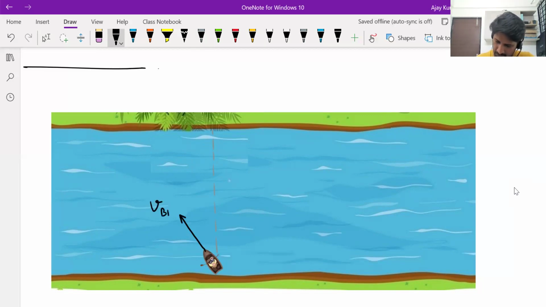Velocity of boat with respect to water: whatever direction the boat is pointing, that is the direction in which it moves on the surface of water. Had the water been stationary, it would have gone in that direction. So let's say it makes an angle theta with the y-axis, and the velocity of water is this way, VW.